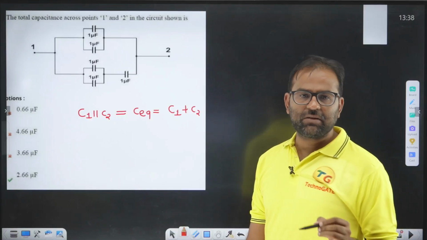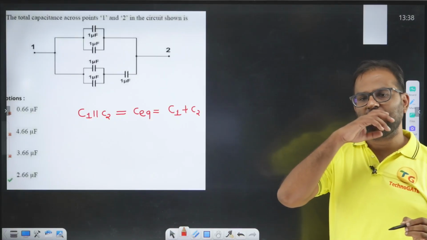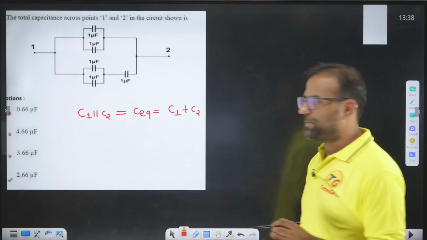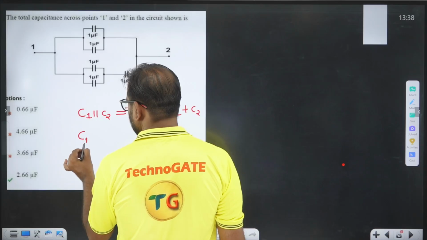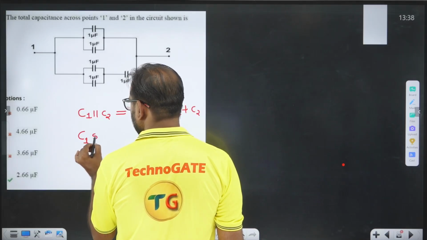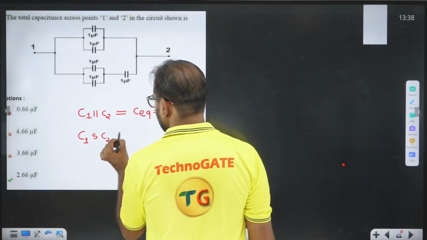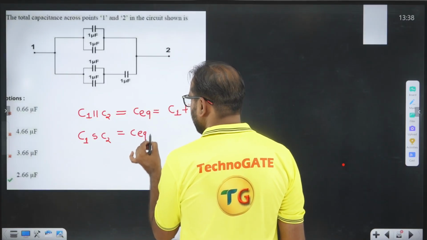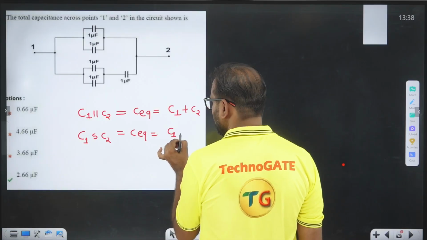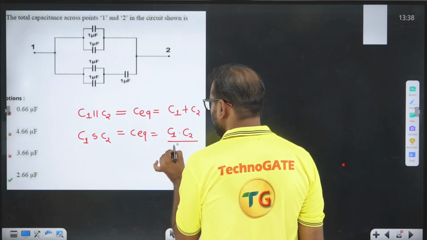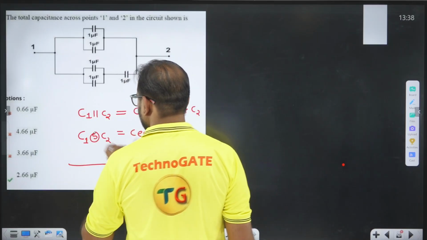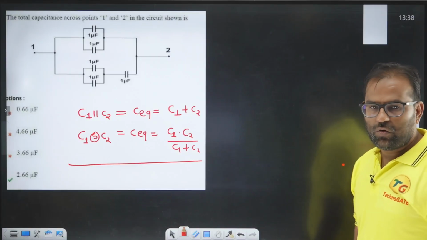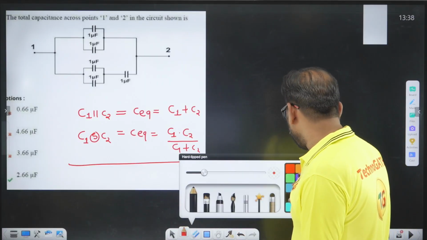And whenever I say C1 in series with C2, the equivalent capacitance is C1 C2 divided by C1 plus C2. Correct? So always remember this.